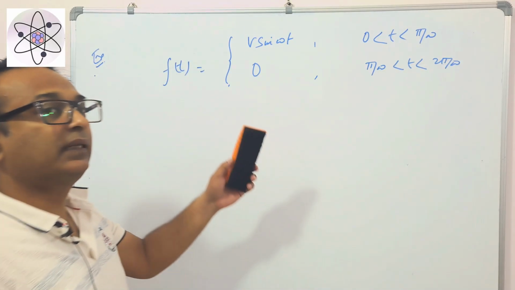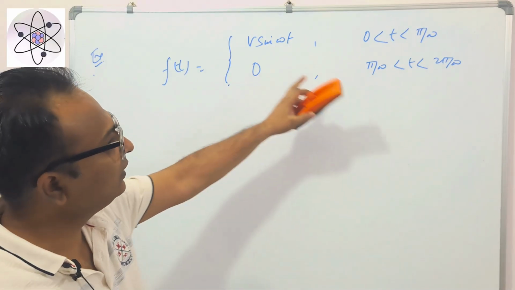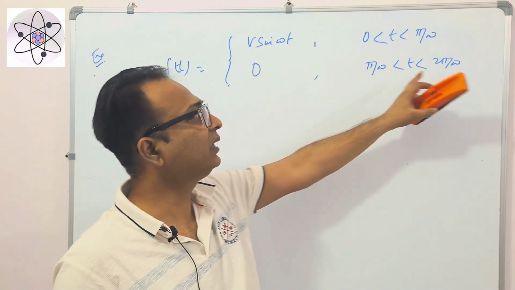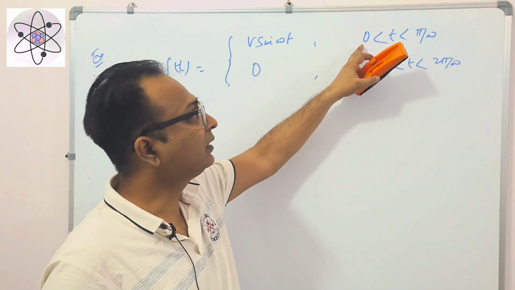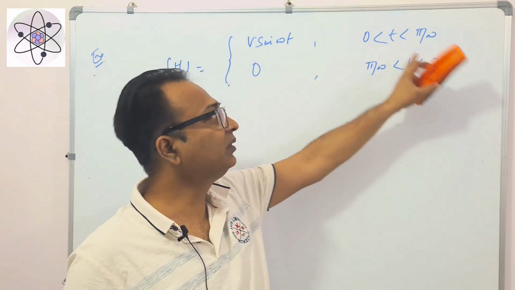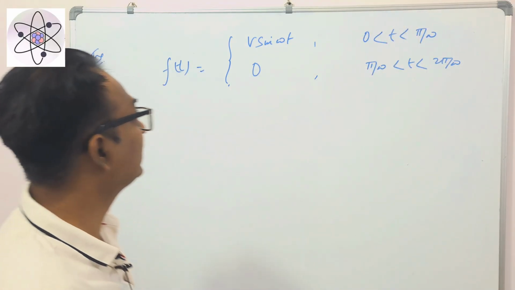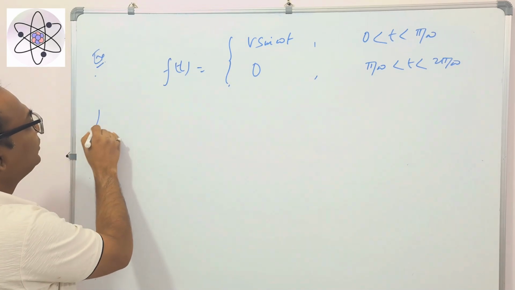So the time period here is 2 pi by omega, but we won't be having any value of the integral between pi by omega and 2 pi by omega. So effectively the integration from 0 to 2 pi by omega will be equal to the integral between 0 and pi by omega. What is the Laplace transform of this function?